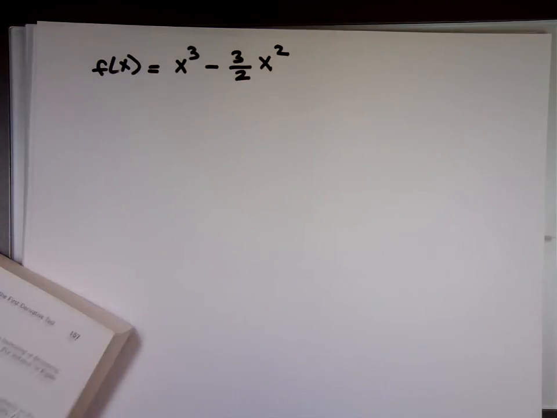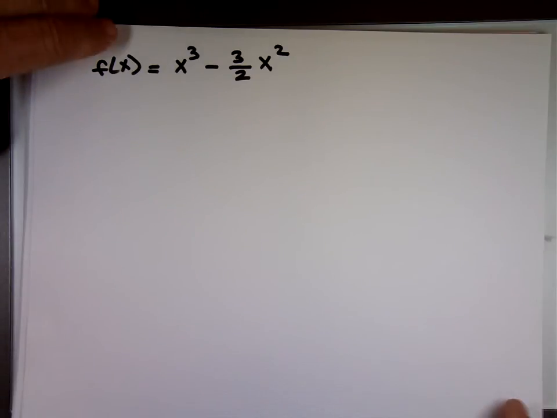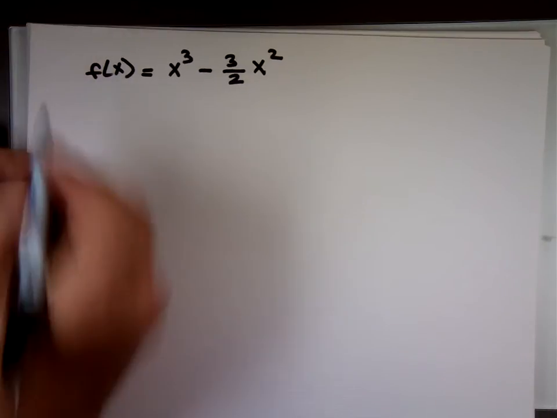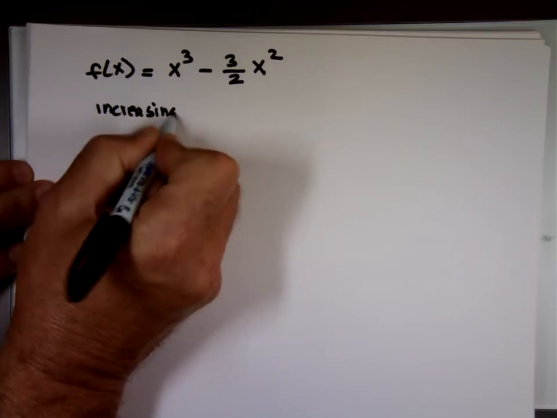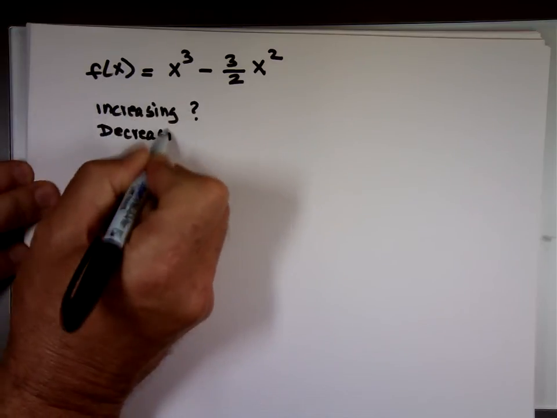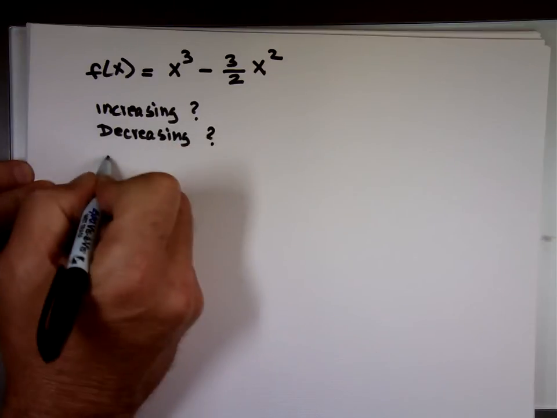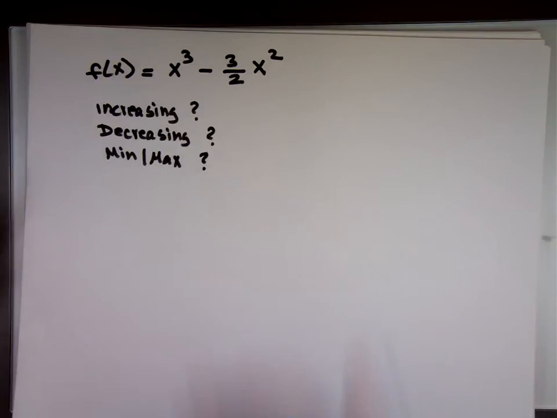And I want to find where the function is increasing, where the function is decreasing, and where you have min, max, all the good stuff. First step, if you're going to answer where the function is increasing, decreasing, so I'm looking to see where it is increasing, where it is decreasing, where is the min max. I want to find all the stuff.